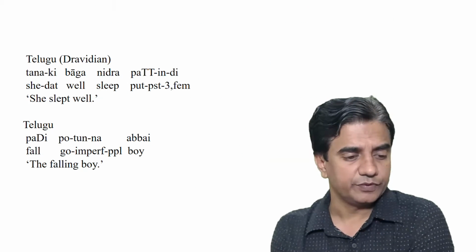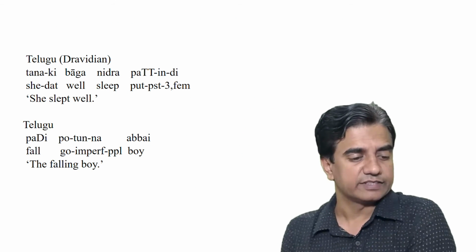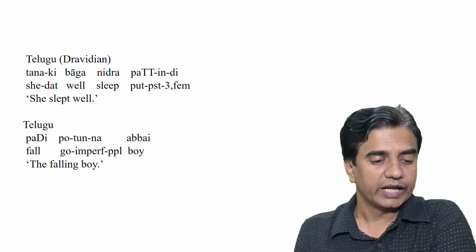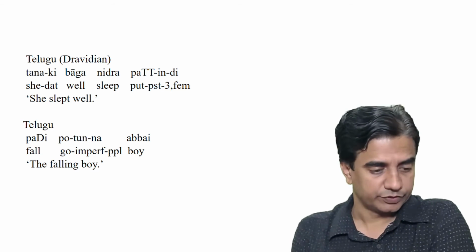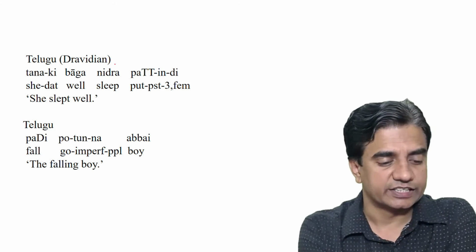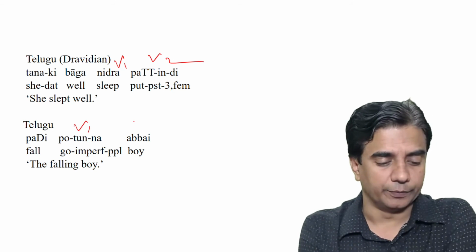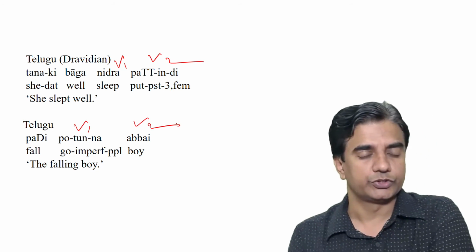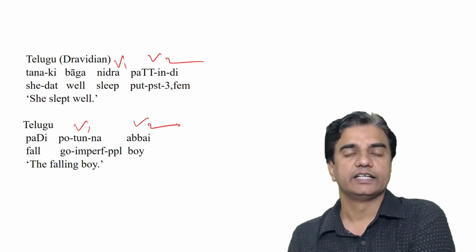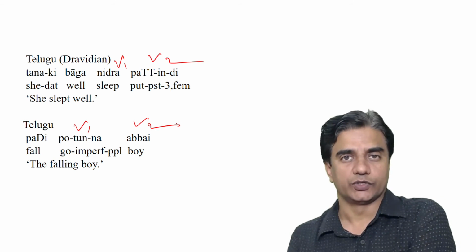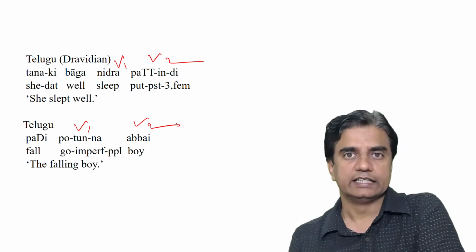We do have a few examples from Dravidian languages like Telugu, which indicate V1 and V2, to give you a comprehensive idea of Indo-Aryan and Dravidian languages.